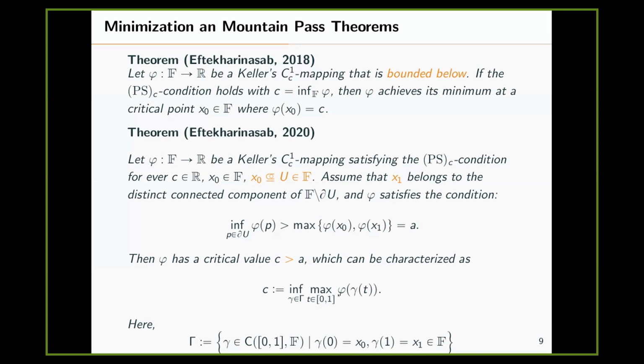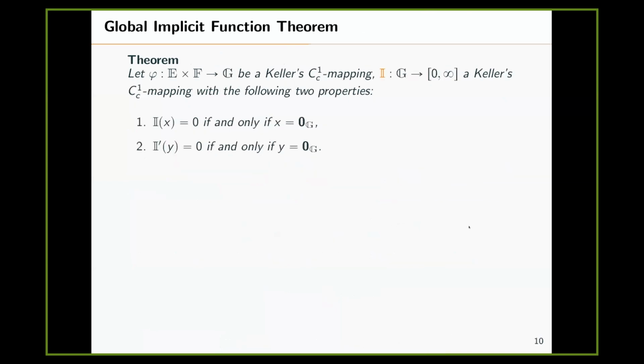Consider the curves that connect these two points. First, we find the maximum along each curve. Then among all of these maxima, over all continuous curves connecting these two points, we choose the infimum. And that point is the critical point. So these are the main ingredients that we need. Now the statement of the theorem.